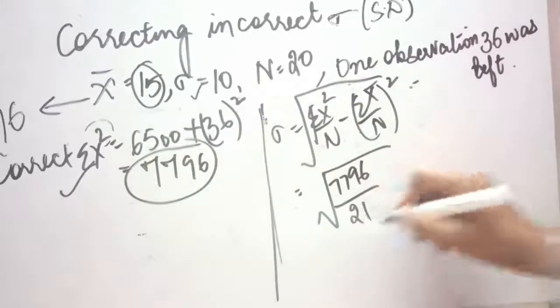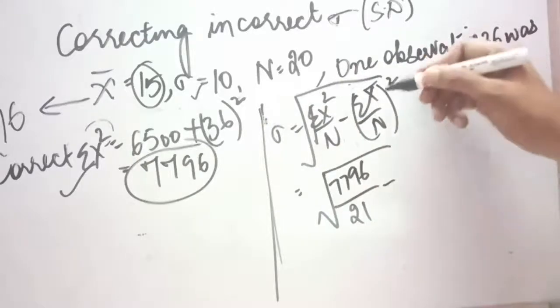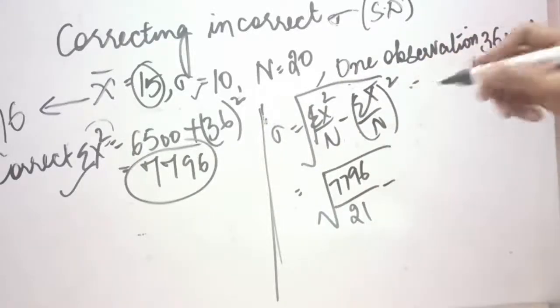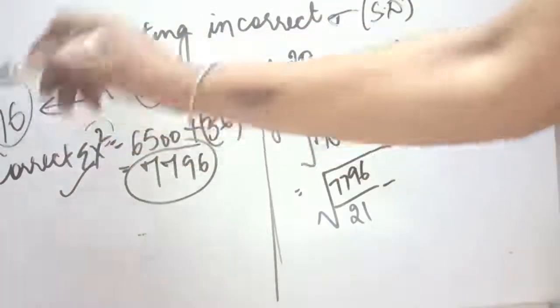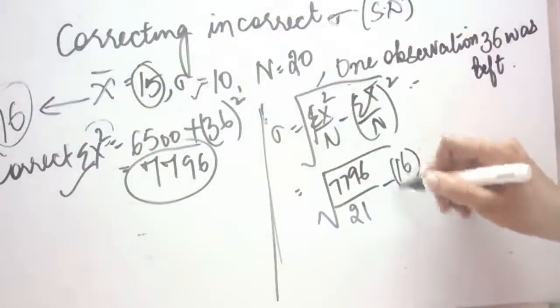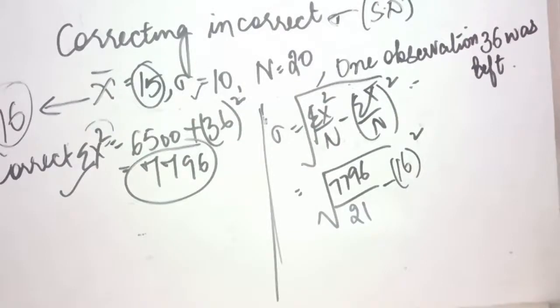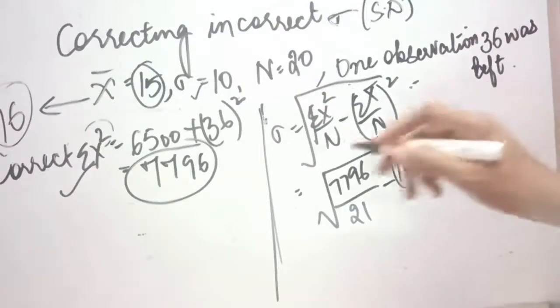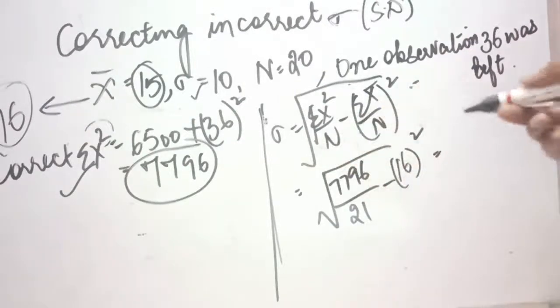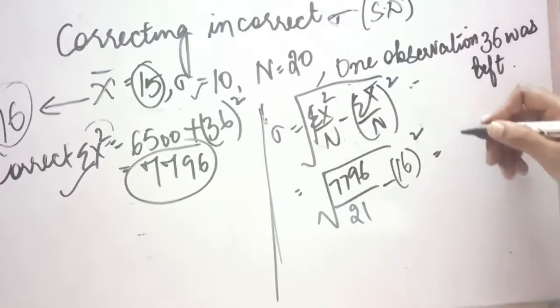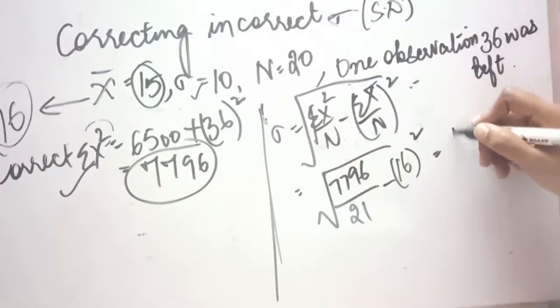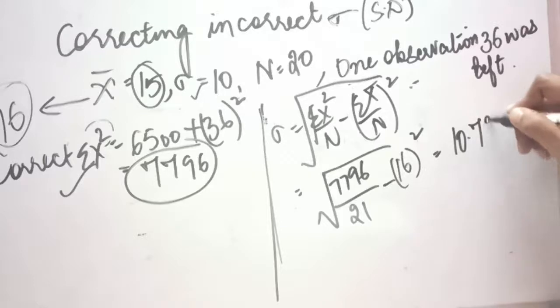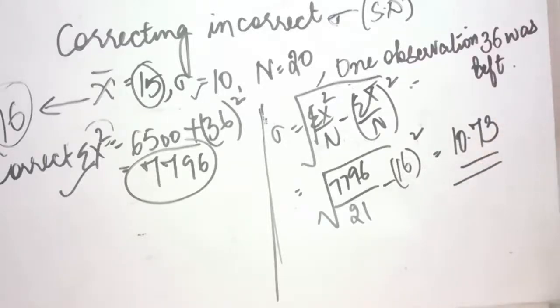Correct n is now 21, minus sigma x by n, meaning the mean. So we put the correct mean that we calculated earlier, 16 square. By squaring both sides or taking the square root later on, we can solve it, and when you solve this, your correct standard deviation will be 10.73. So this is how you can correct your mean and also correct the standard deviation.